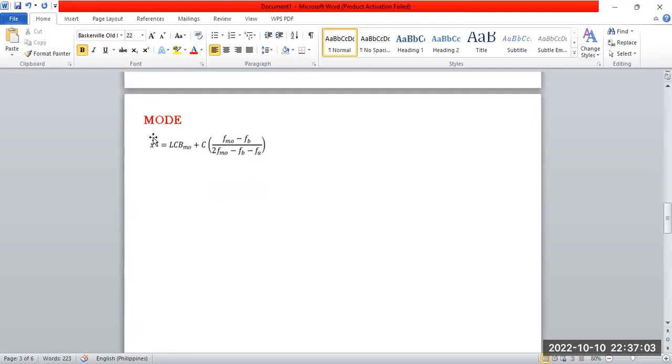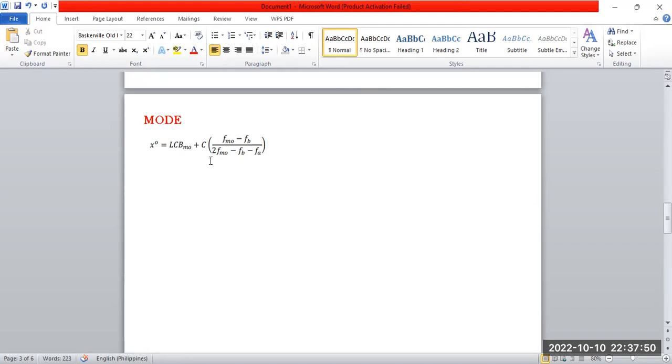The mode, ito yung symbol, is equal to the lower class boundary of the modal class plus C, or the class size, times the frequency of the modal class minus the frequency before the modal class, divided by 2 times the frequency of the modal class minus the frequency before the modal class, minus the frequency after the modal class.